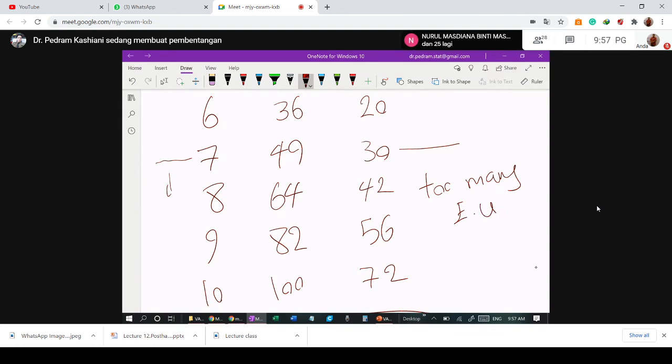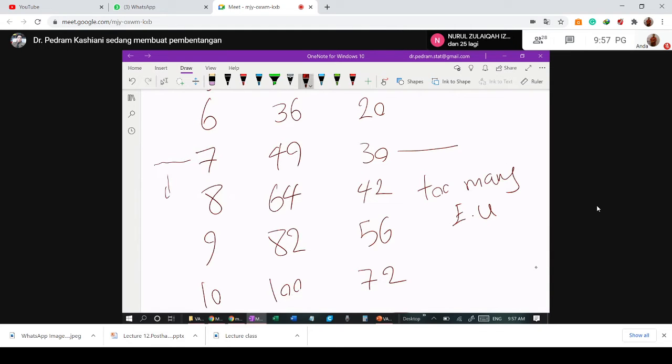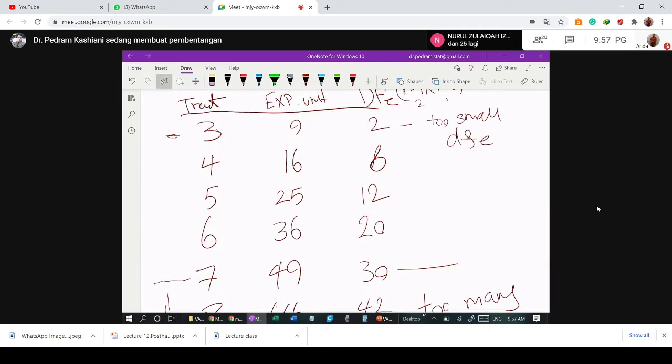So if I go more than 7, if I am around 2 or 3 treatments, 4 treatments, you can see my degrees of freedom for the error is very small. For example, 3 treatments, degrees of freedom for error is 2.